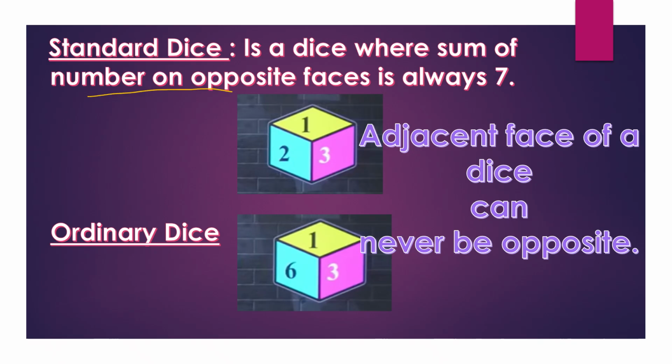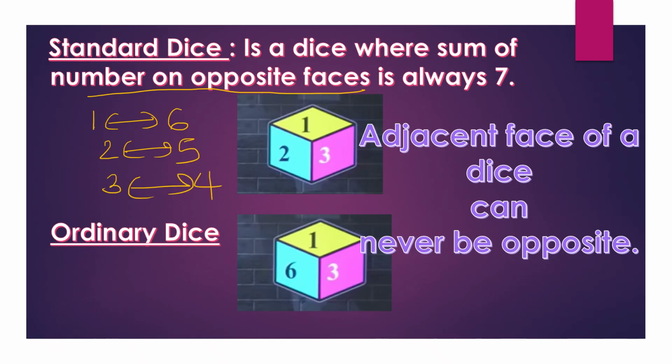Number on the opposite faces, this is a standard dice, right? One opposite is 6, two opposite is 5, and three opposite is 4 here.